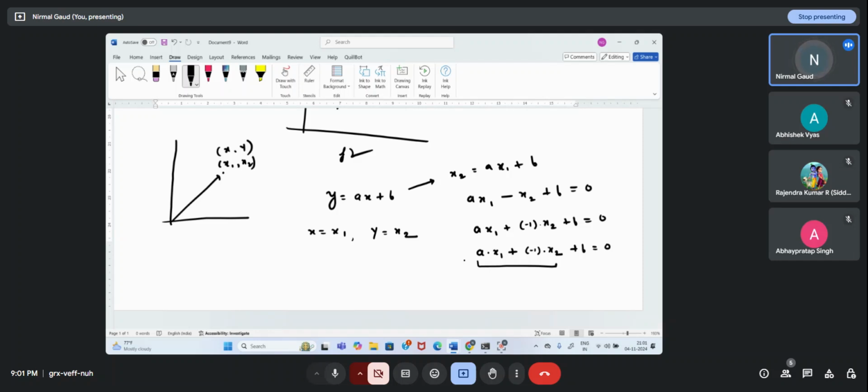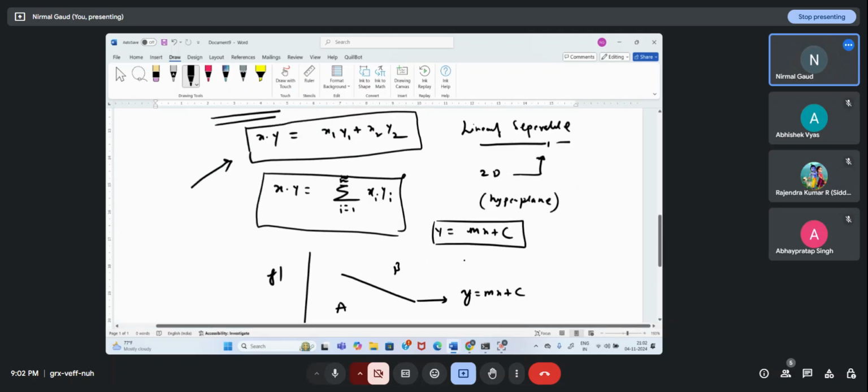So I can make these as vectors. The vector w is having a and minus 1. Vector capital X is having x1 and x2. Just refer to the one which we have derived recently.